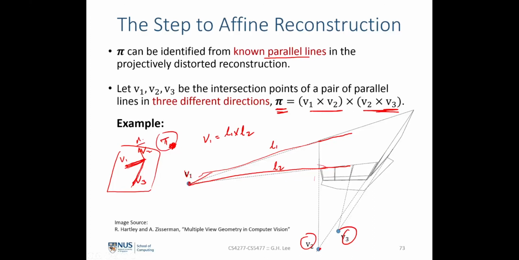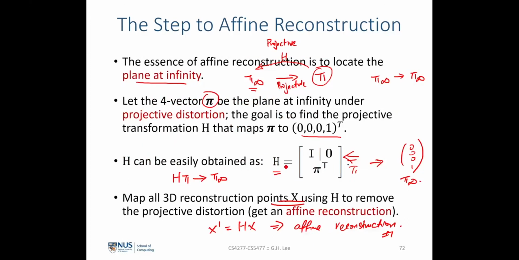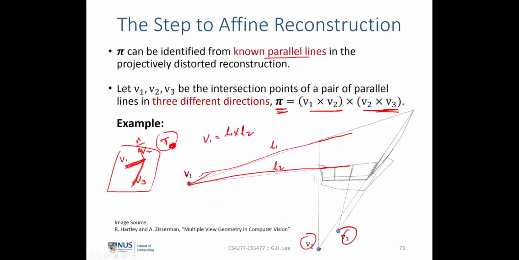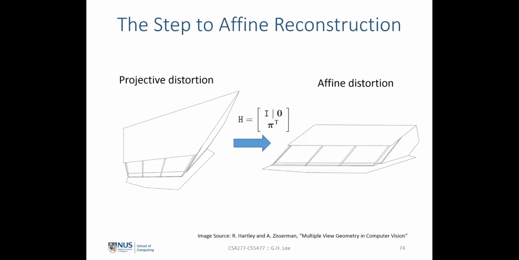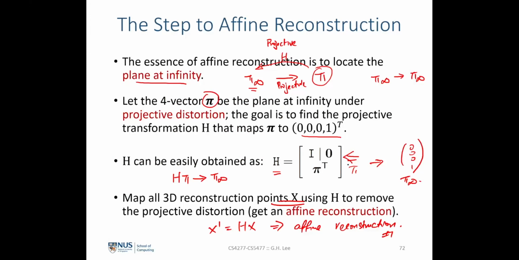And once we get the plane at infinity, we can easily compute the homography to remove the projective distortion. So this is how it looks after the removal of the projective distortion by applying the projective transformation that we have seen earlier on, which is H that is given here.